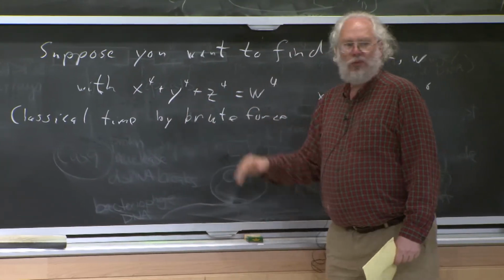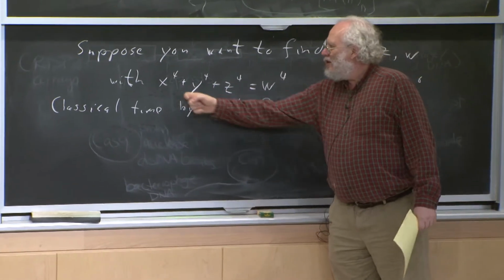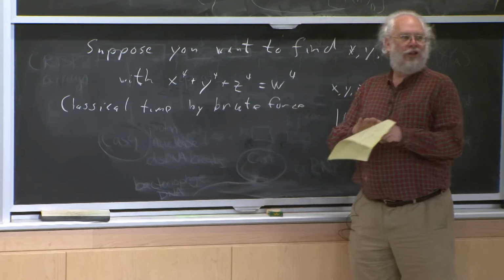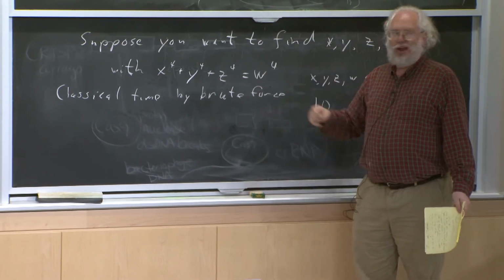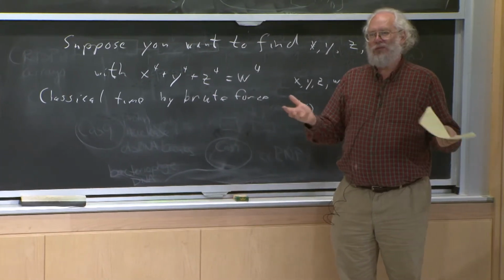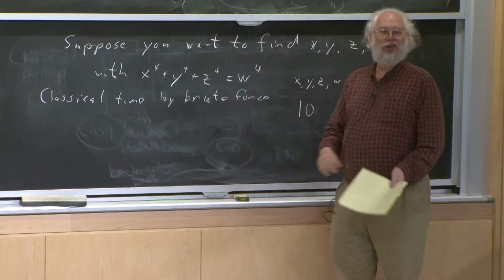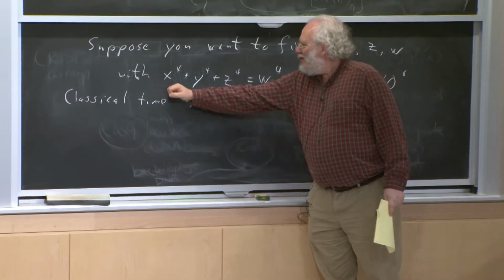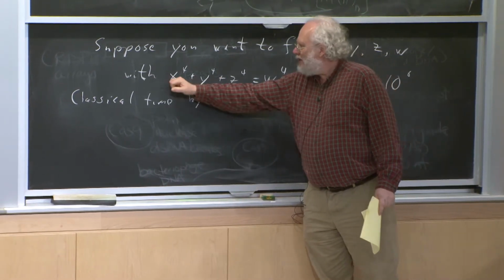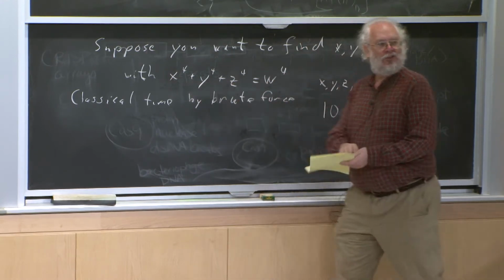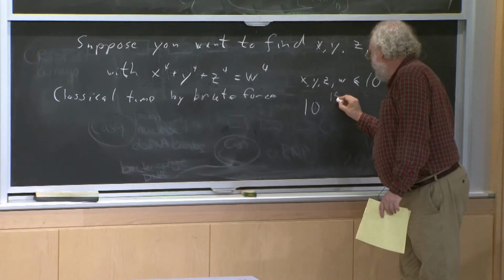So the classical time by brute force: if you have a random x and a random y and a random z, you can take the fourth power and add them up and take the fourth root of that and check whether it's an integer. So you only really have to search over 10 to the 6th times 10 to the 6th times 10 to the 6th things, 10 to the 18th.